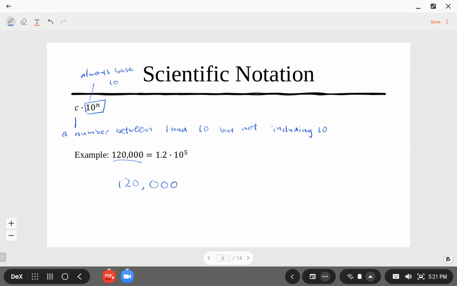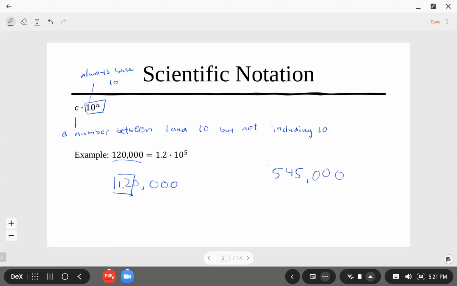So is there a number in 120,000 that is between 1 and 10? There is. If you look closely, we can separate this 12 here, and you can make that into a 1.2, right? Okay, so let's say you had 545,000.